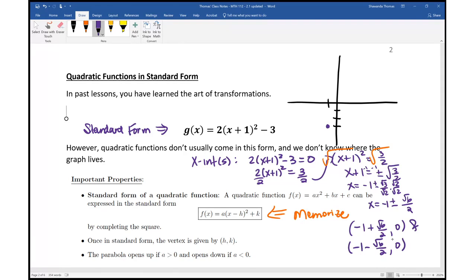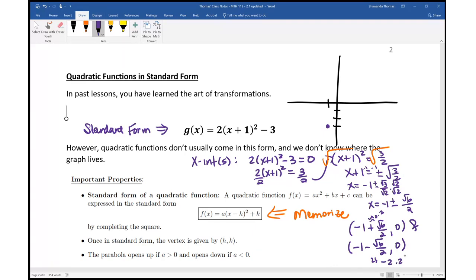So that's approximately 0.2. And negative 1 minus the square root of 6 over 2 is approximately negative 2.2.